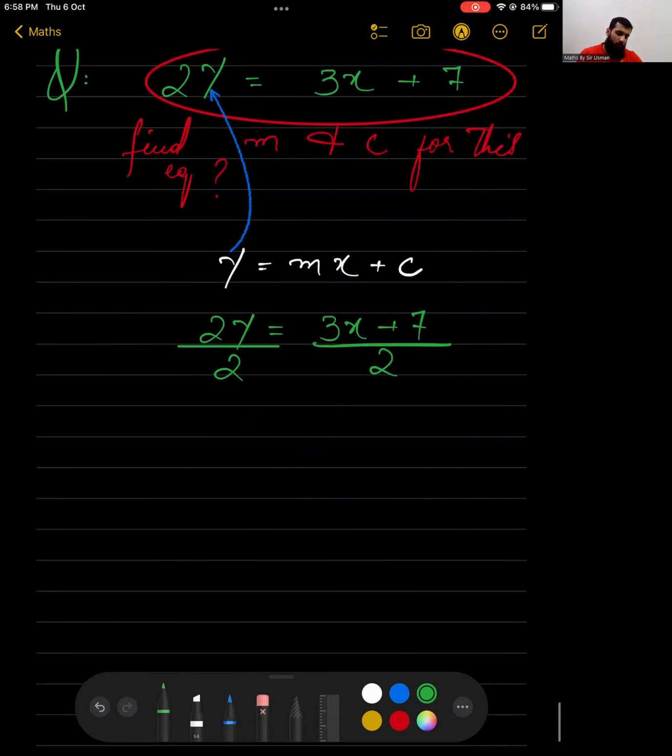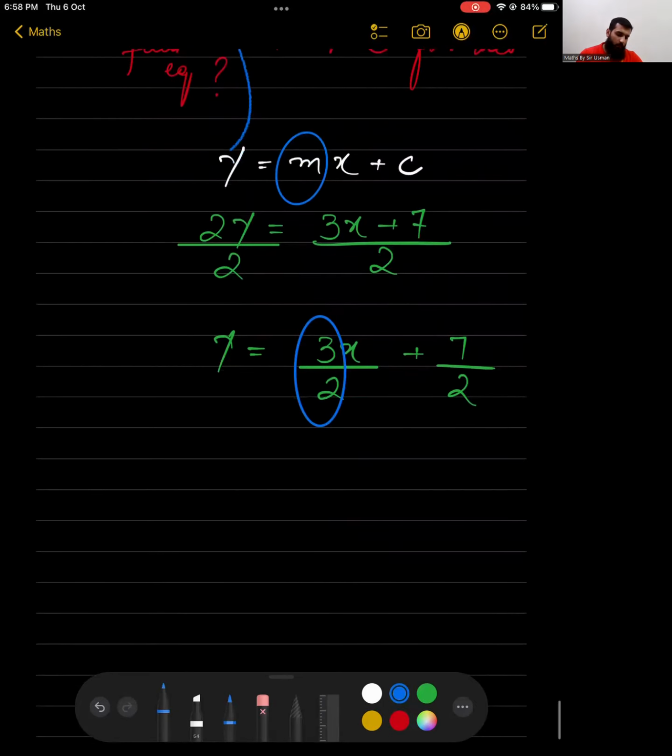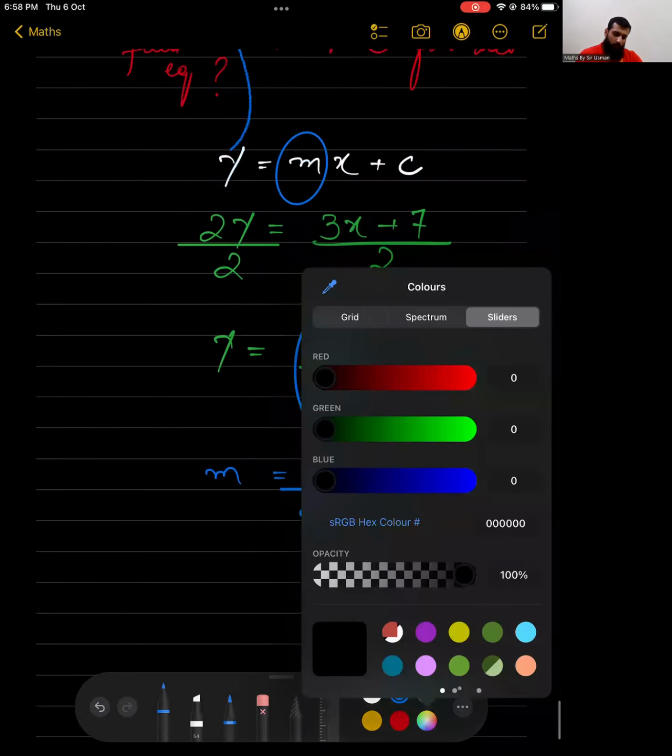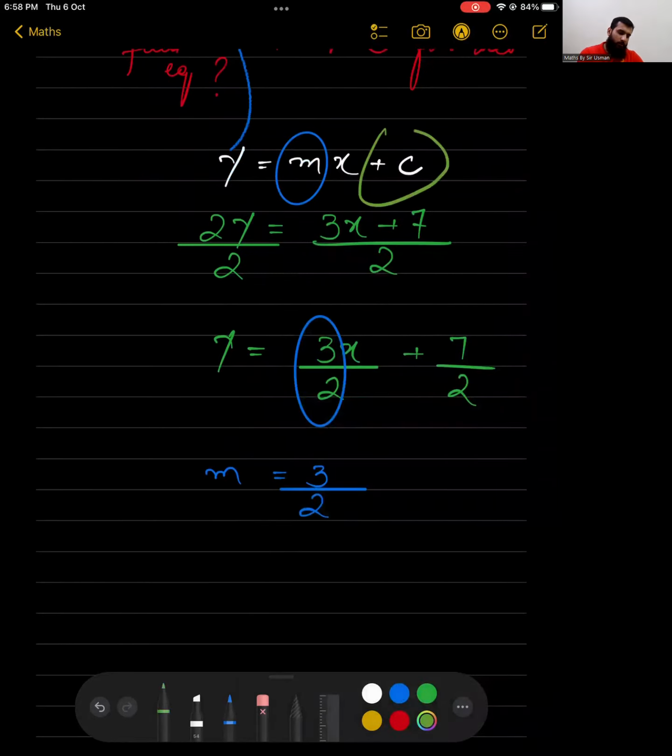और अब आपके पास equation आ जाएगी y is equal to 3x over 2 and 7 over 2. और अब आप compare करोगे x के साथ क्या होता है, gradient होता है. So over here we have 3/2. M is going to be 3/2. Now the same goes for the y-intercept.